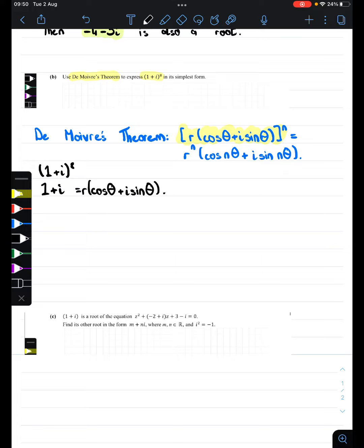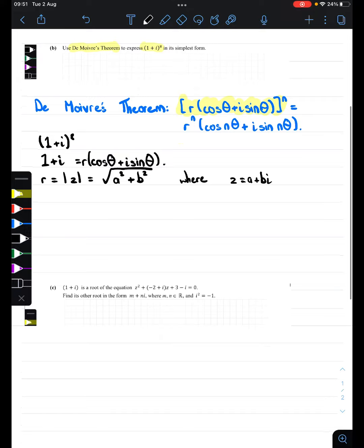Okay. Well, what is r? Well, r is the magnitude of the complex number. And the magnitude of the complex number is the square root of a squared plus b squared, where z equals a plus bi.